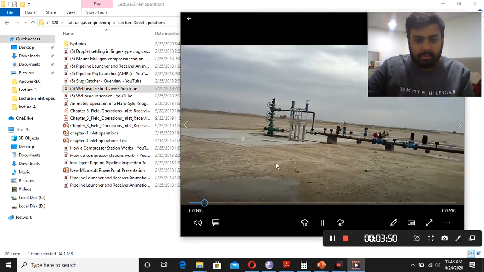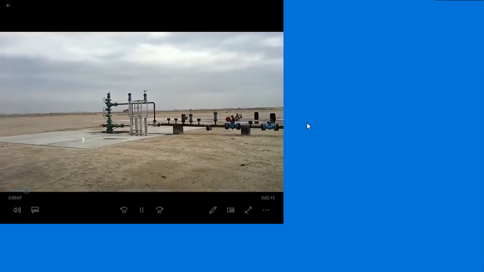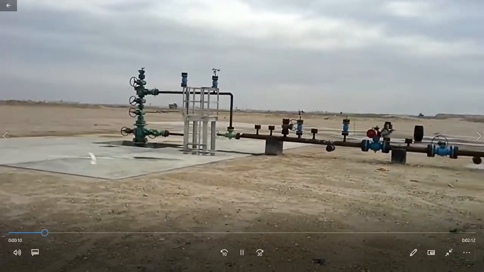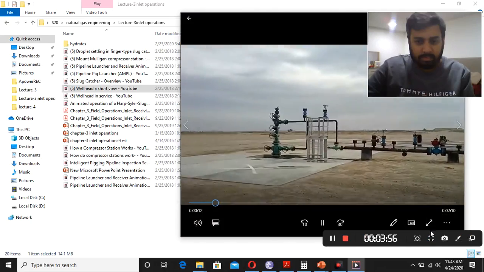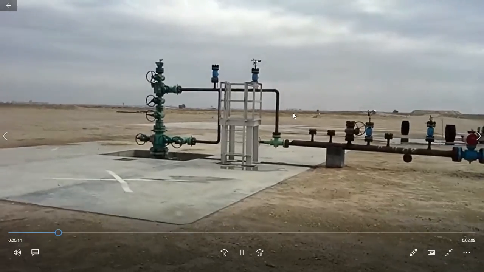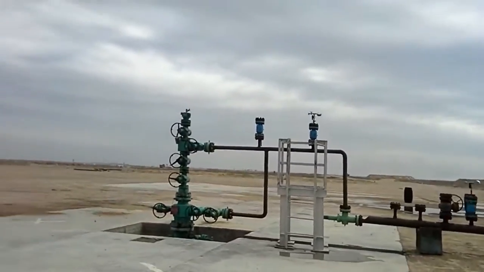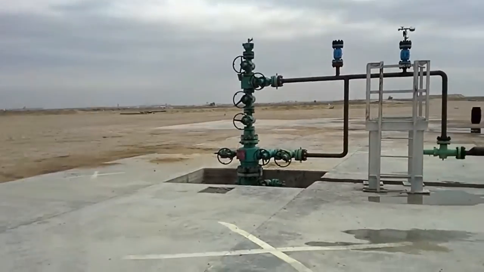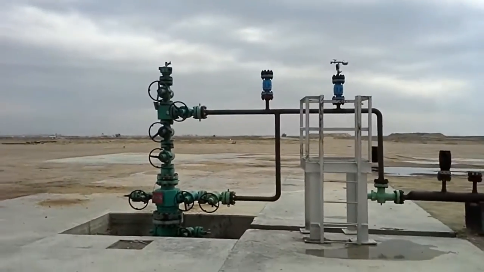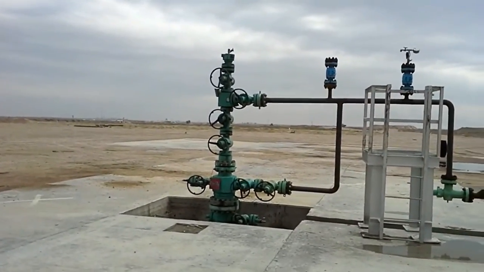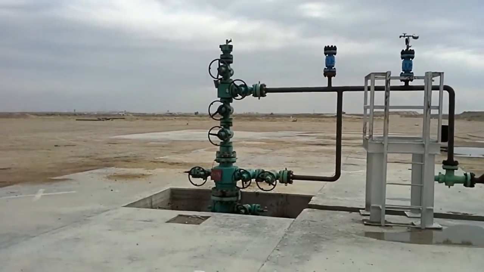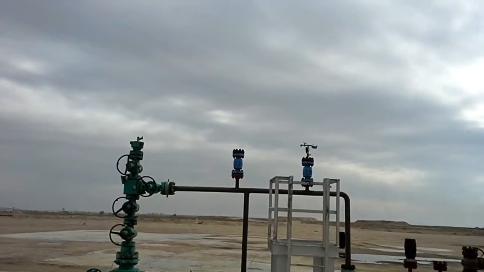Here you are. This is what they call it exactly wellhead. Okay? This is what it likes. This is what they call Christmas tree. You see it? It's actually a set of valves, different subjects to do.